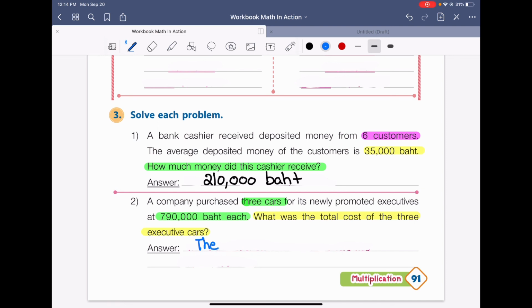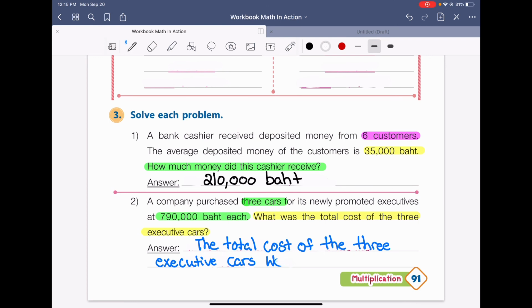Right? We can just write the total cost of the 3 executive cars were, or we can write was. Was works as well. Let's erase that.